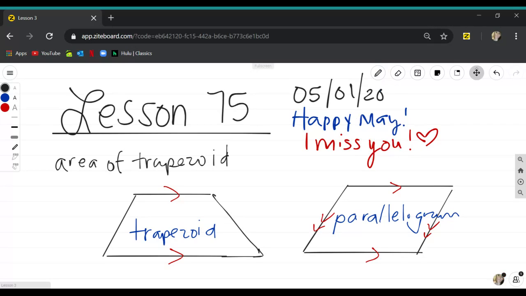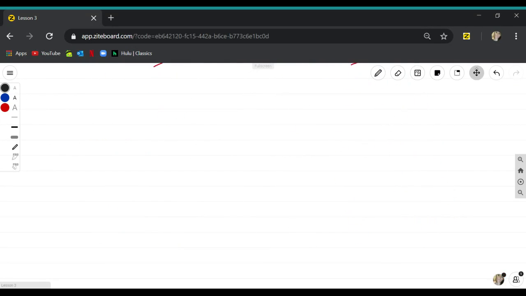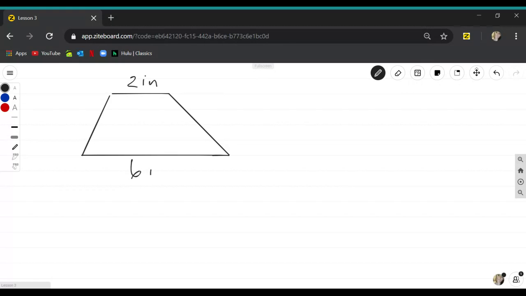Okay, so let's go ahead and do an example. Let's say we have this type of trapezoid. Let's say this height here is 2 inches, and this height here is 6 inches, and from here to here, this is 3 inches.